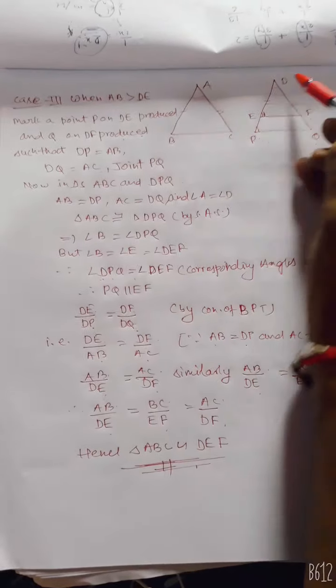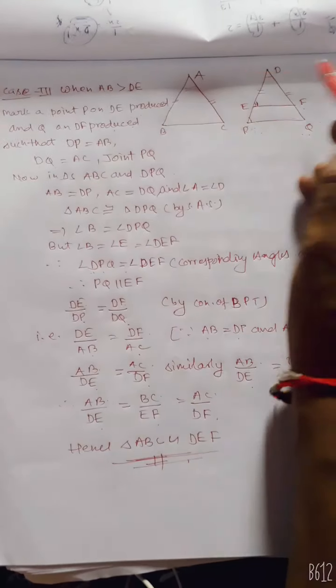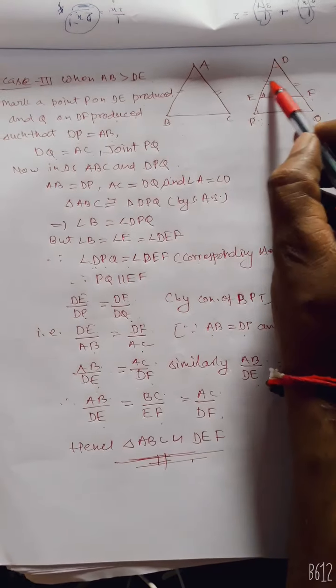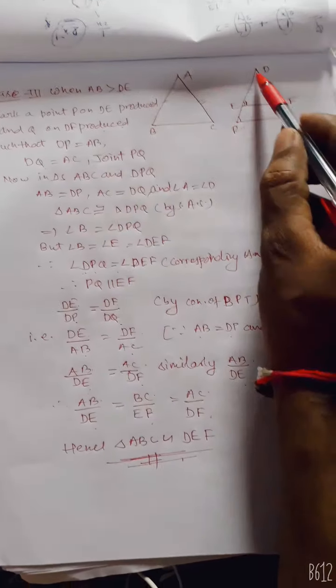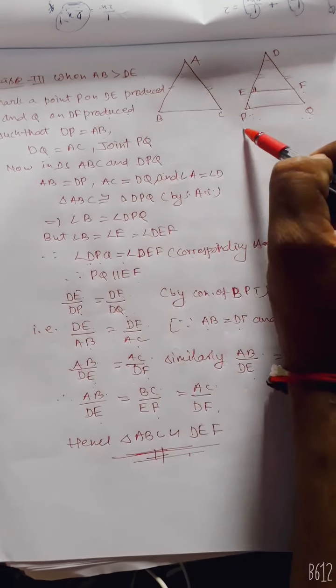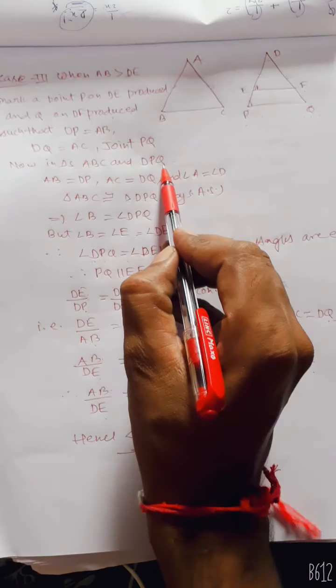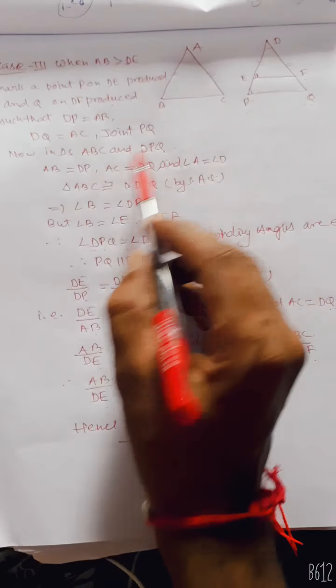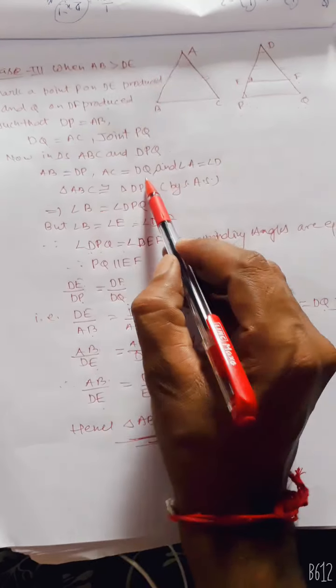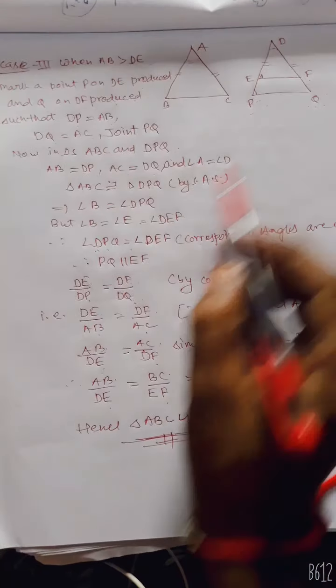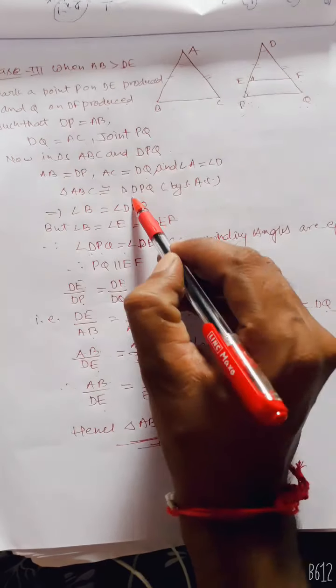That is, AB equals DP and AC equals DQ, but these are greater than DE and DF, so we require to produce DE up to P and DF up to Q. Now in triangles ABC and DPQ, AB equals DP, AC equals DQ and angle A equals angle D, then by the side-angle-side criterion, triangle ABC is congruent to triangle DPQ.